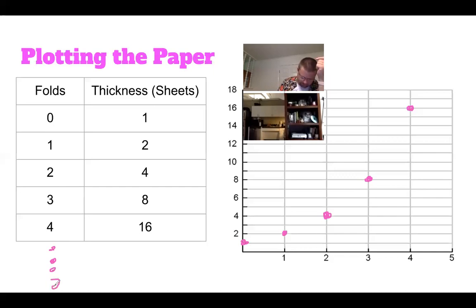So make this x, and it would be 2 to the x. When you repeatedly multiply, that's an exponent. So this is our new equation, y equals 2 to the x, or f of x equals 2 to the x. This is the exponential function.